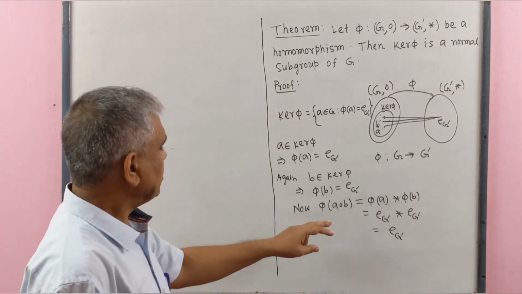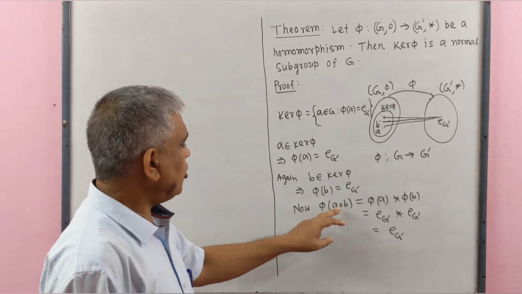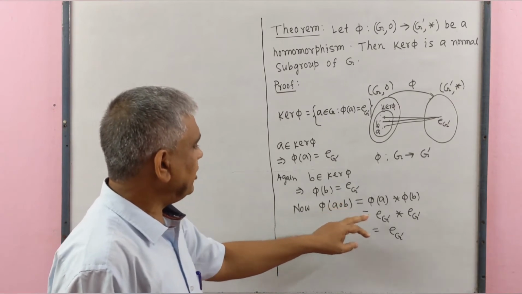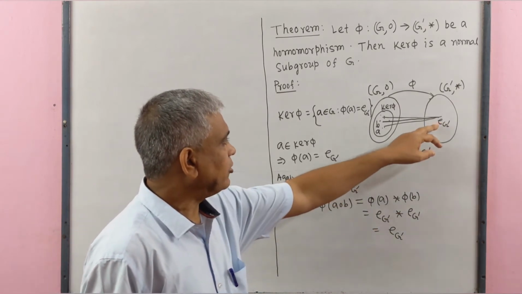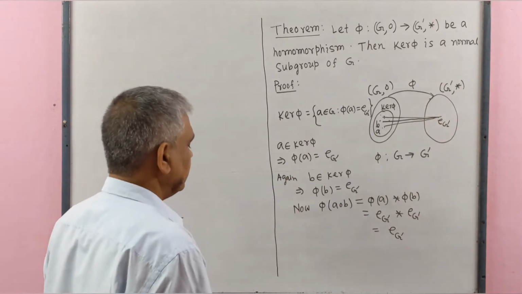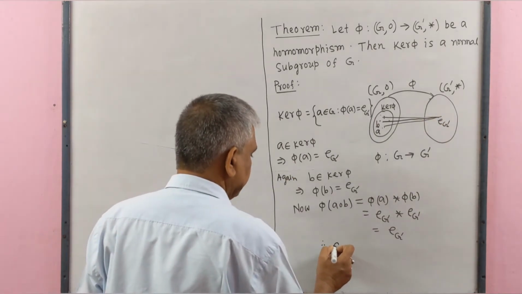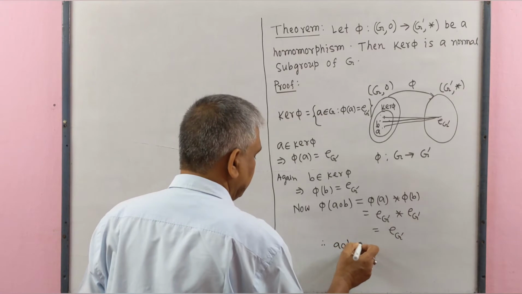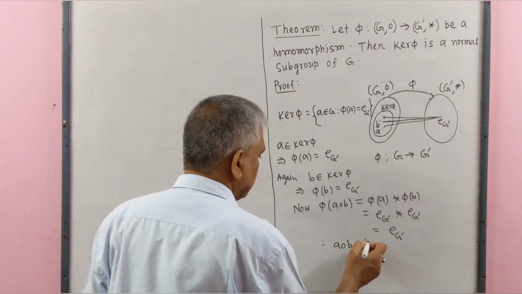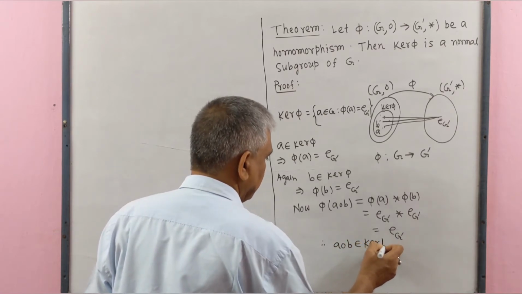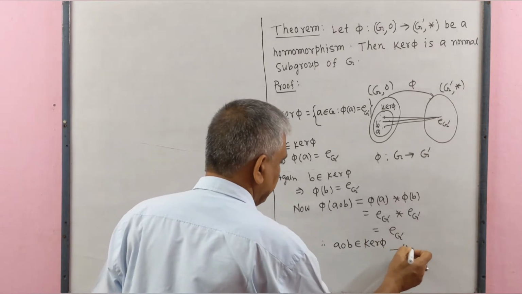This means the image of a operation b is the identity element of G'. Therefore, a operation b belongs to ker phi. This is number 1.